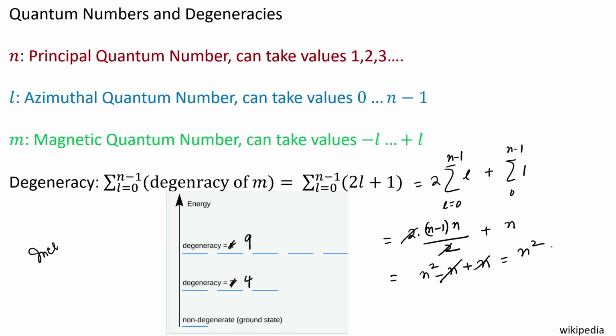Including the spin degeneracy, we have this as 2 n squared.